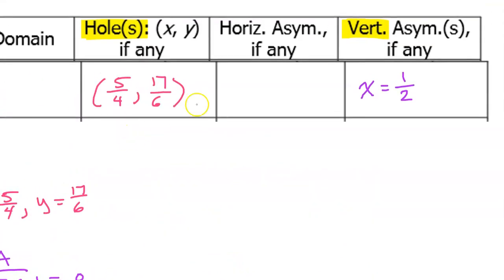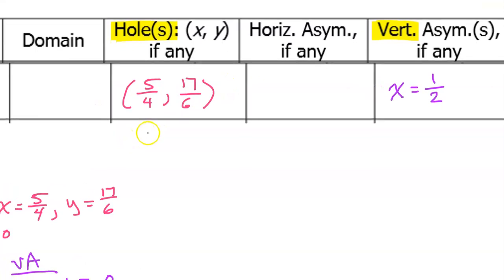Okay, let's go ahead and do the domain now. I told you that the domain only depended on any holes and vertical asymptotes, because the domain will be negative infinity to positive infinity, except we need to skip over any holes or vertical asymptotes that we have.